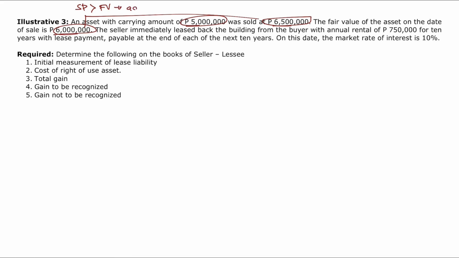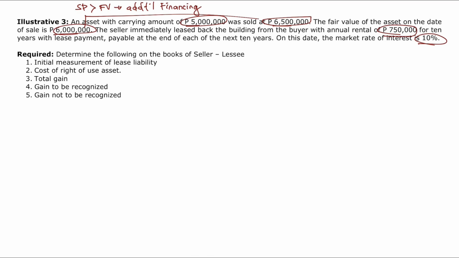So, meron tayong tinatawag na additional financing na kailangan nating tanggalin later sa computation ng right retain.